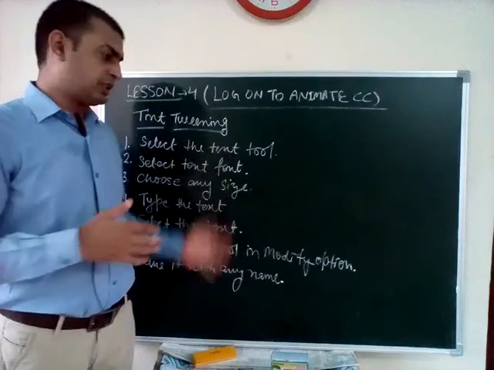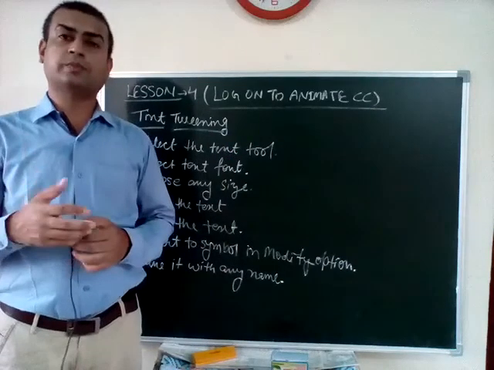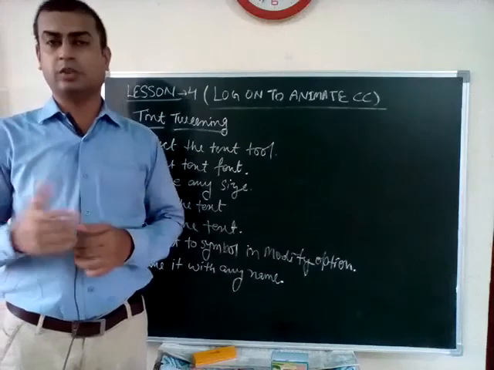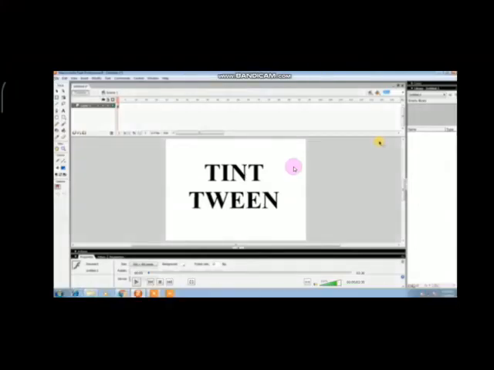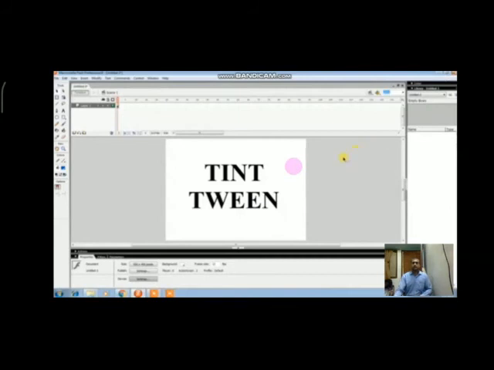Now all these processes I have shown you practically with the help of this video. Please go through this video. In tint tweening, I have opened this window and written the text tint twin. In this we will not save this tint twin as a symbol yet, simply we will write this text, and we will use some frames and keyframes to give some animation.